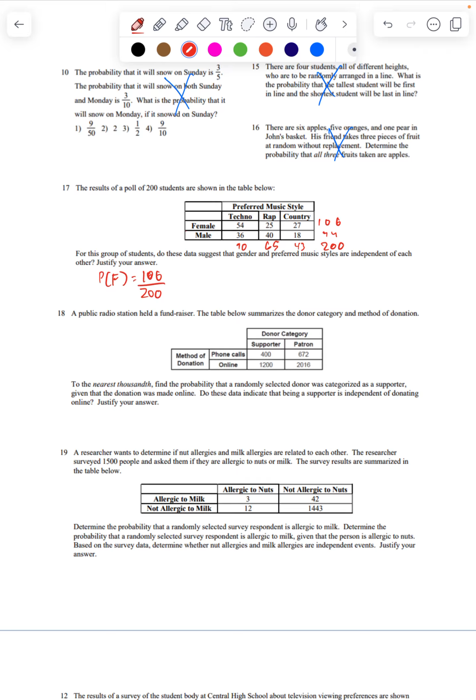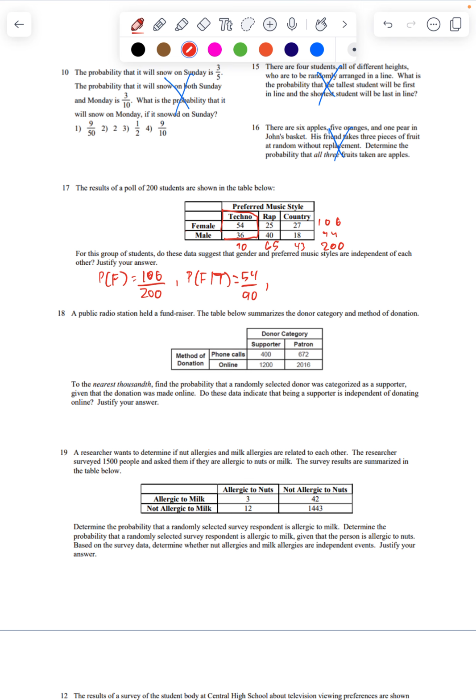Let's say we want to know out of how many people like techno, how many of them are female. So probability of female liking techno, what is that going to be? So that's going to be 54 over 90, right?